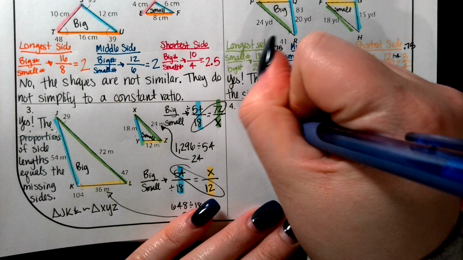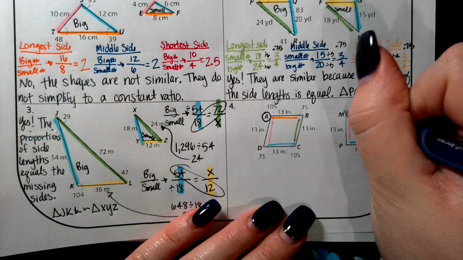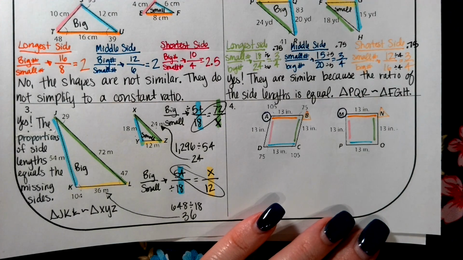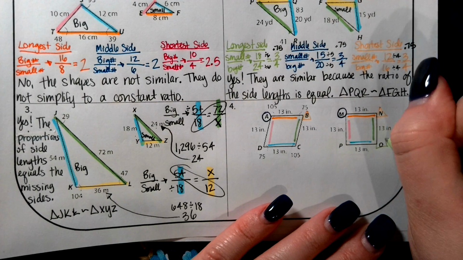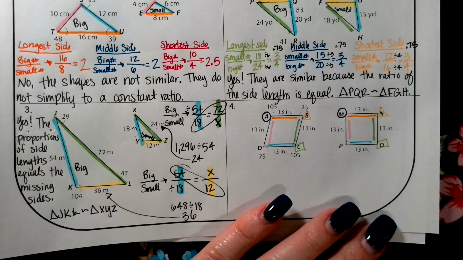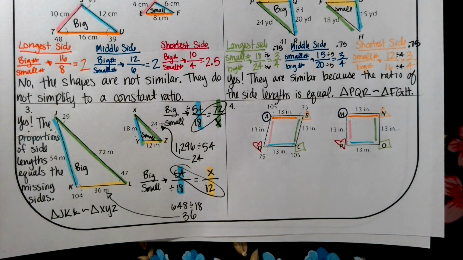No. Does this angle match this angle? No. Does this angle match this angle? No. Does this angle match this angle? No. It only takes one of those angles to be wrong for it not to be similar figures.